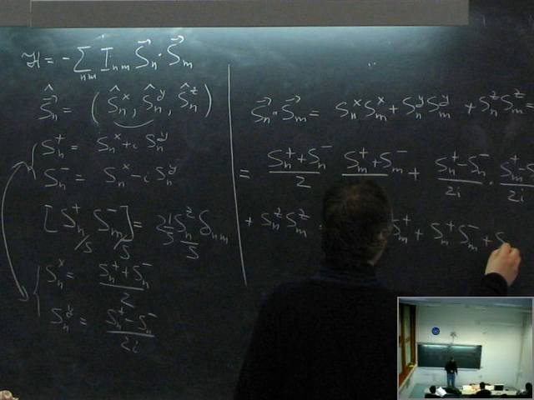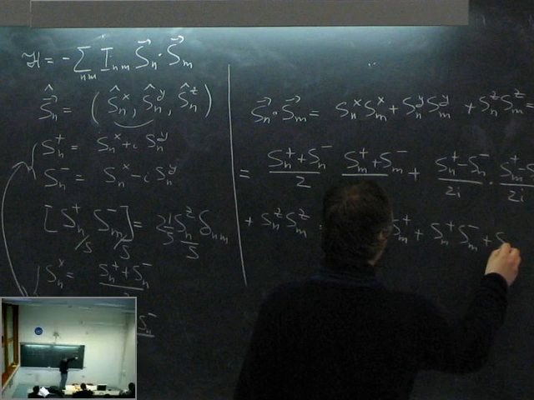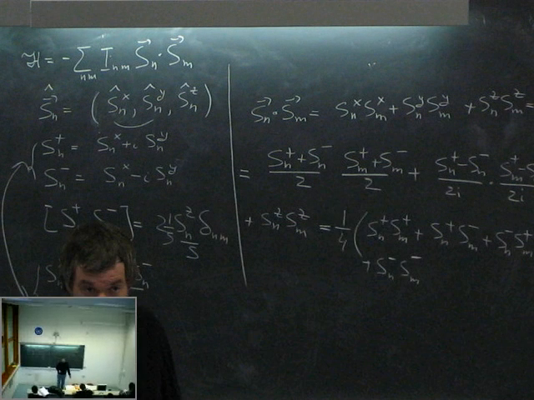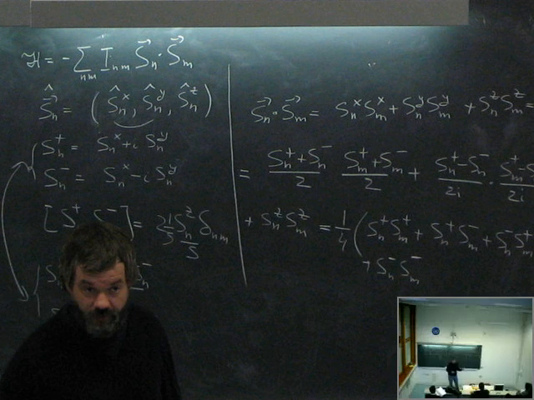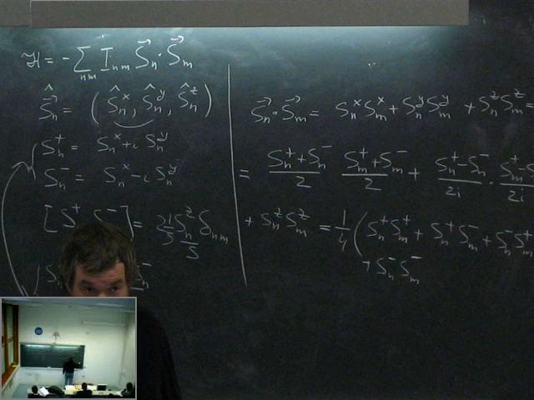This is the first term. Now I do the same with the second one. 1/2 times 1/2 is 1/4, but I have 1 over i squared. i squared gives me minus 1, so I start to subtract terms. Minus S_n^+ S_m^+.